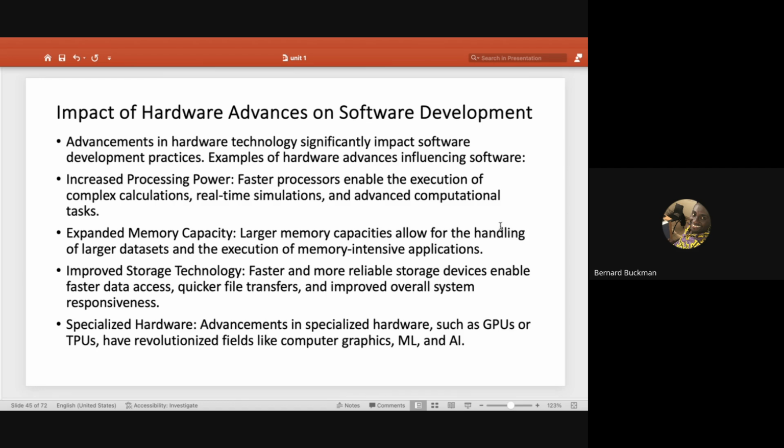At first your computer could only take maybe 2 gig, but now the memory can take 4 gig, and because of that you can run games which are very sophisticated on your machine.